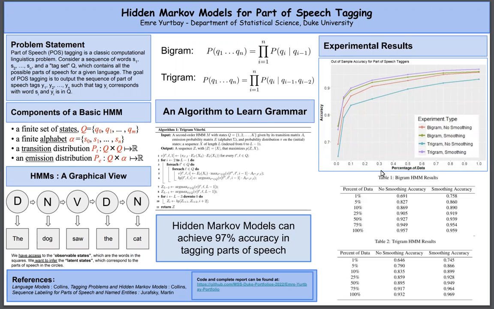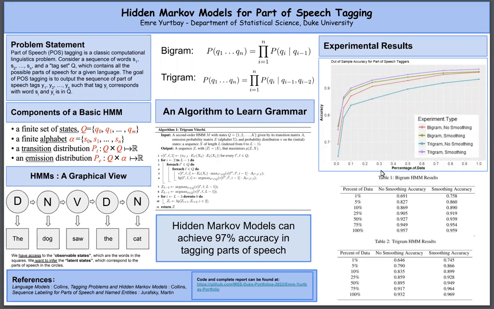So the tuple of word i minus 1 and word i forms what is known as a bigram, and thus order 2 HMMs are also known as bigram HMMs. The bigram assumption is shown in the top middle of the poster. The probability of the sequence is a product of probabilities of tag i given tag i minus 1.